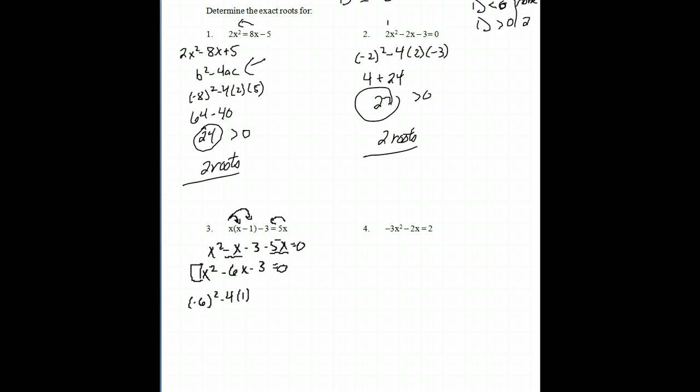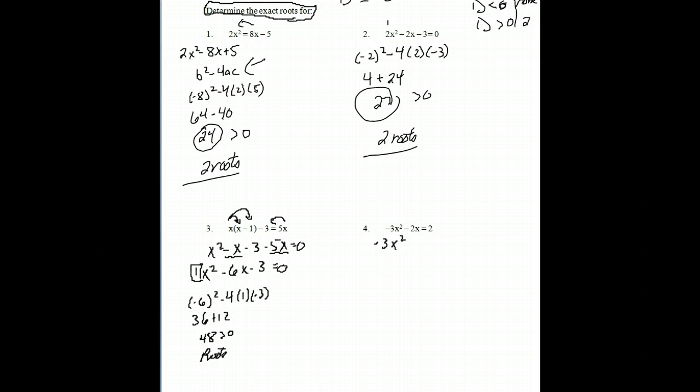There's nothing in front of x squared, so the a value is 1. Times negative 3, 36, plus 12, 48, and 48 is bigger than 0, so you should expect to have two roots. Now I am going to go back after. I didn't misread this when we said we had to determine the exact roots. I just want to show you how the discriminant plays into this, and we'll go back after and find what the roots are.